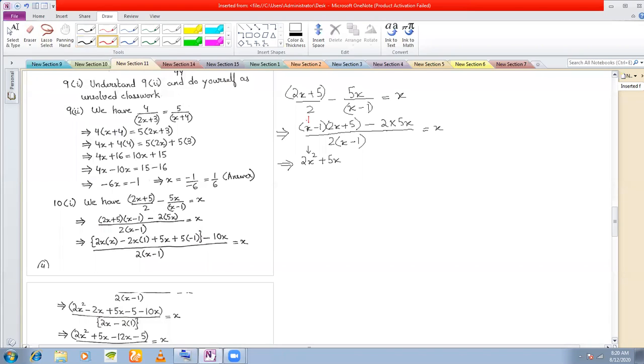Next, we have dealt with x. We have multiplied x with everything. Next, this minus 1 into plus 2x will give you a minus 2x.